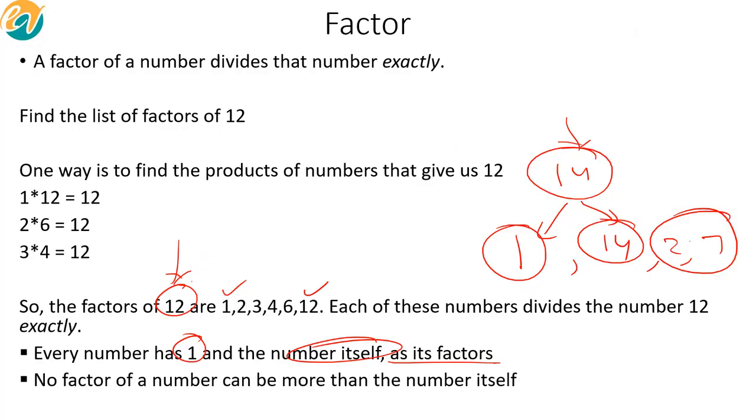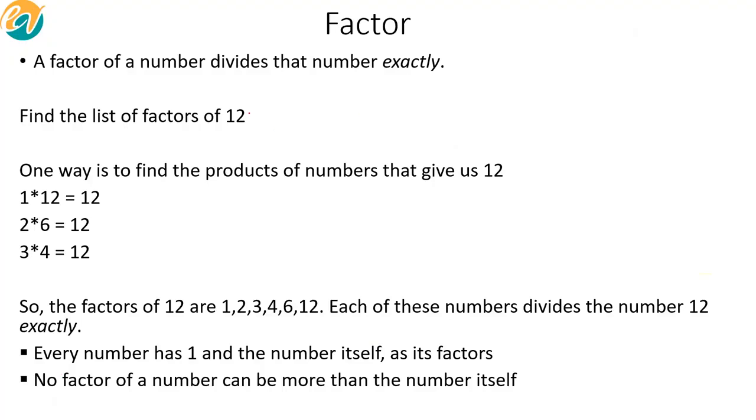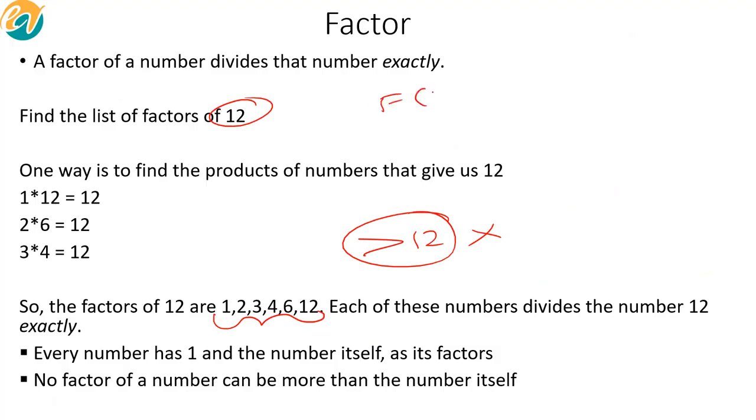No factor of a number can be more than the number itself. If you think about it logically, this makes sense. For example, the entire list of factors of 12 would not include a number greater than 12. Similarly, all the factors of 14 would be lesser than or equal to 14.